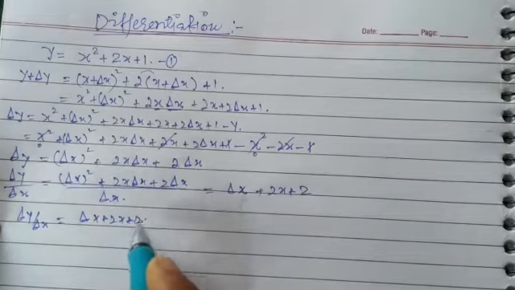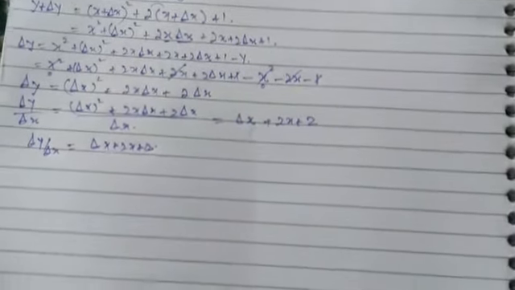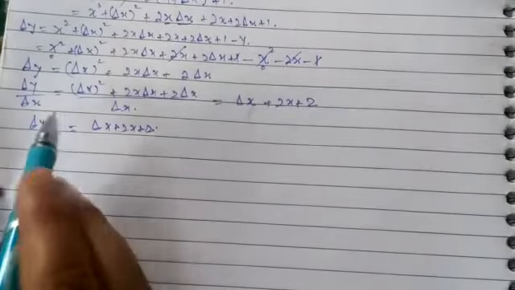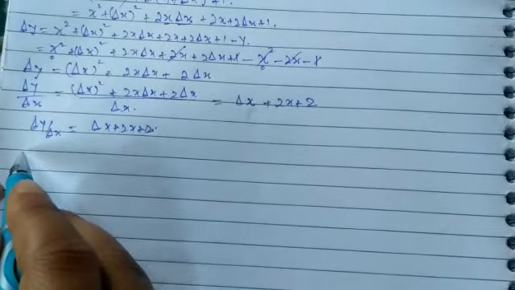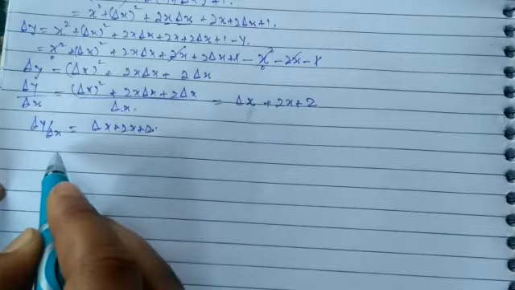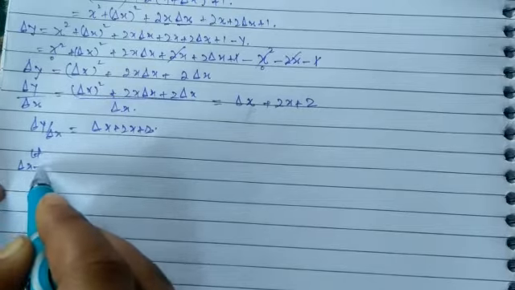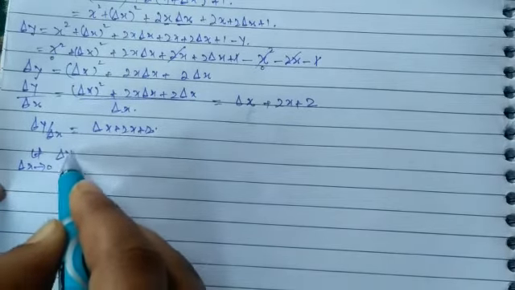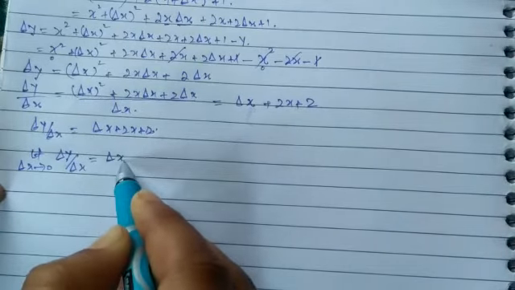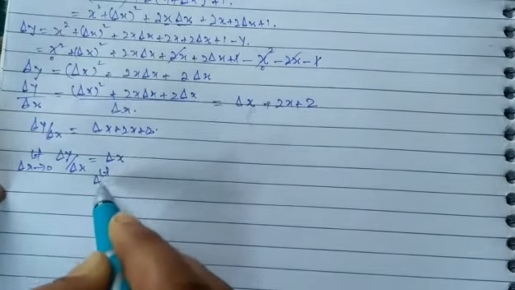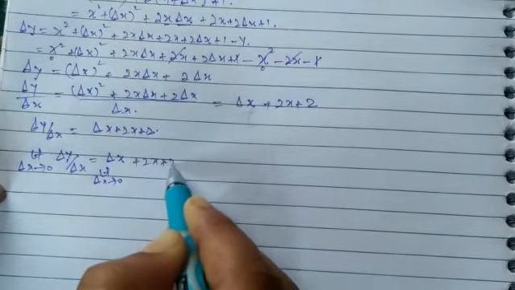Then, as increments are very small, we proceed to the limit. So limit of delta x tending to 0 of del y by del x equals limit of delta x plus 2x plus 2.